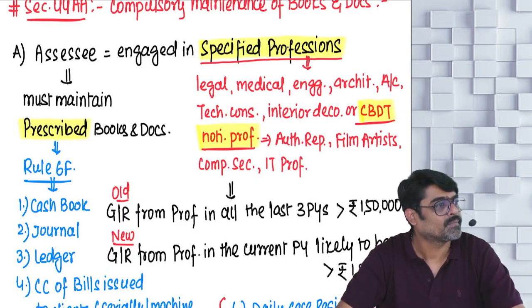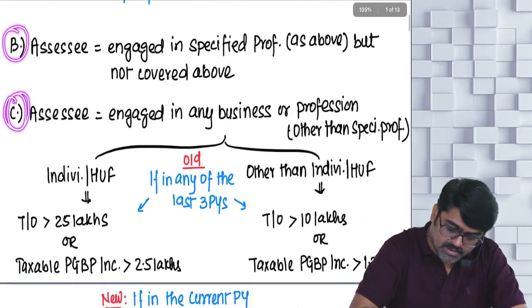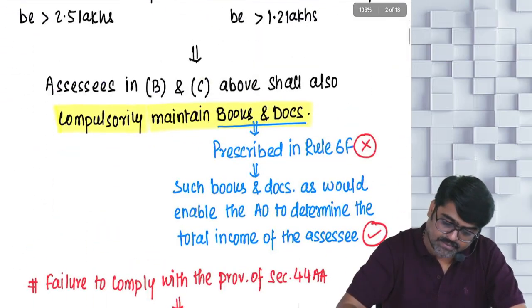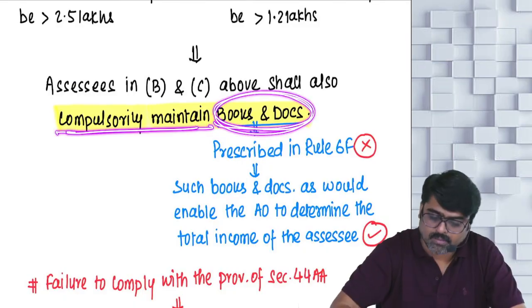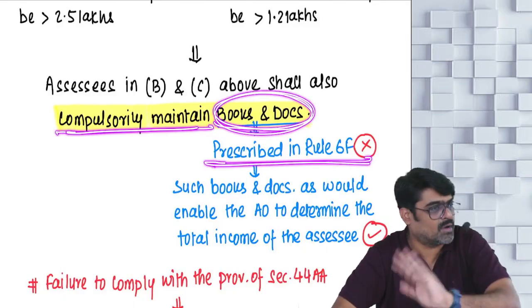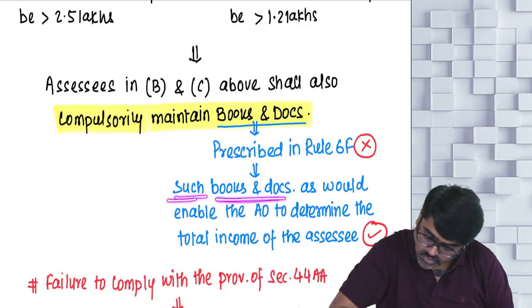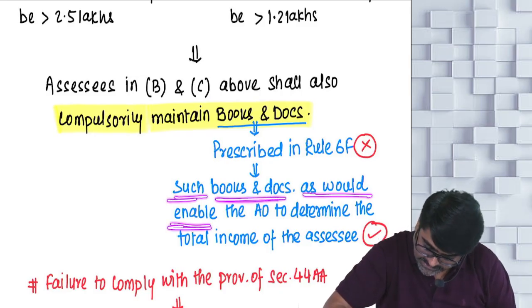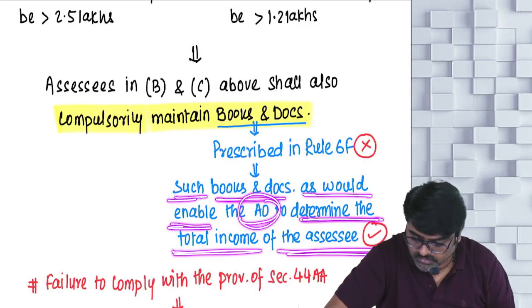Yes or no? So if you are covered by point number B or you are covered by point number C, then compulsorily maintain books and documents prescribed in Rule 6F? No. But you are supposed to maintain such books and documents as would enable the assessing officer to determine the total income of the assessee.